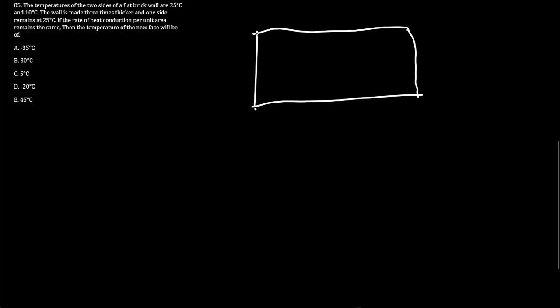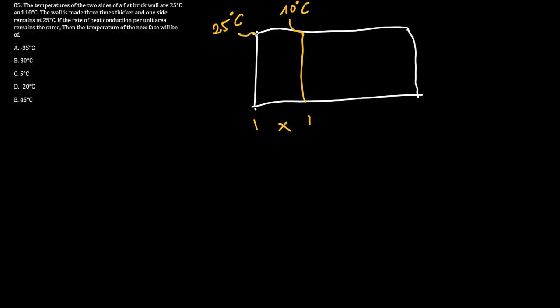Initially the wall had a thickness, I will call that thickness x, and the inner temperature was 25 degrees Celsius and the outer temperature was 10 degrees Celsius. And so now the wall was made 3 times thicker. So the new thickness of the wall will be 3x.